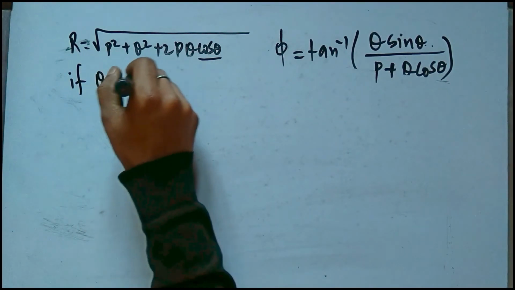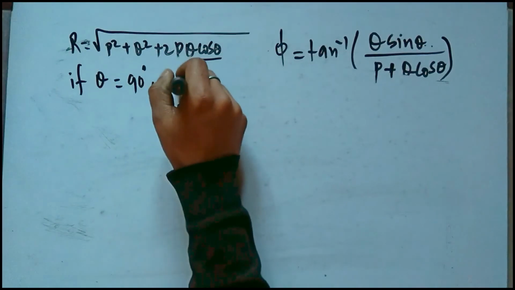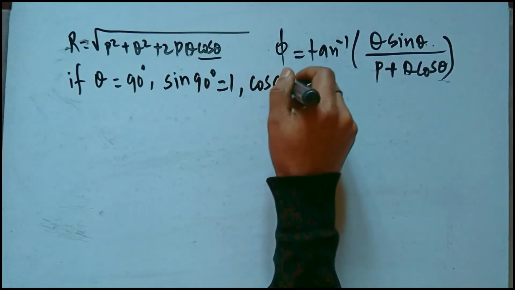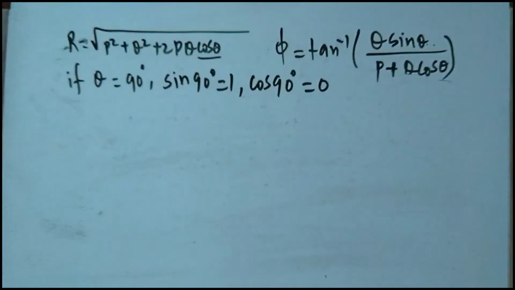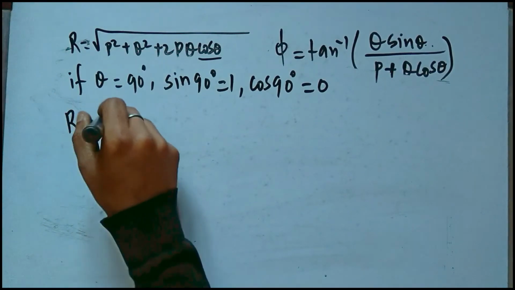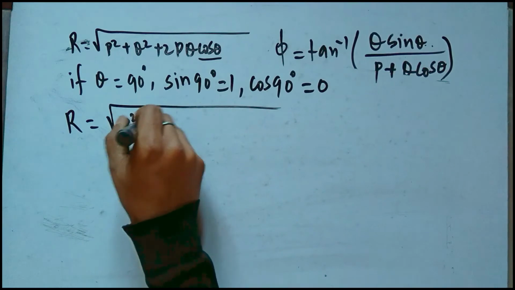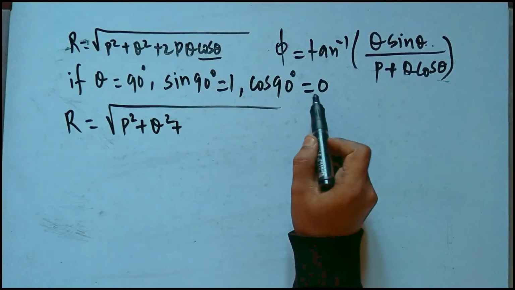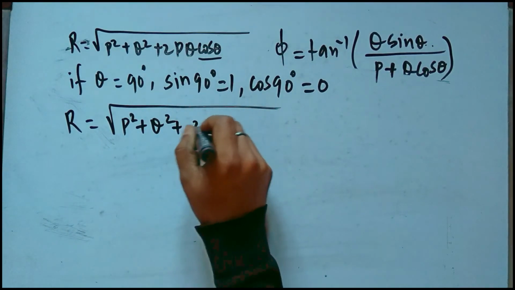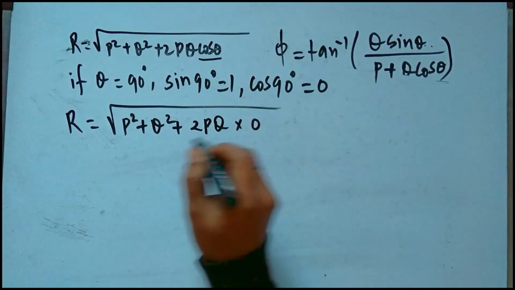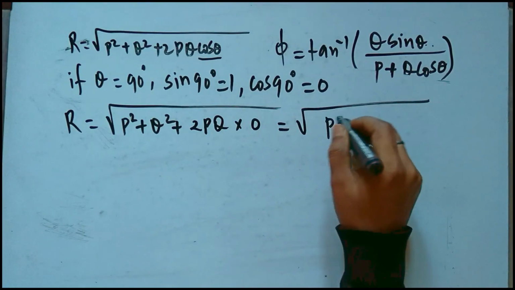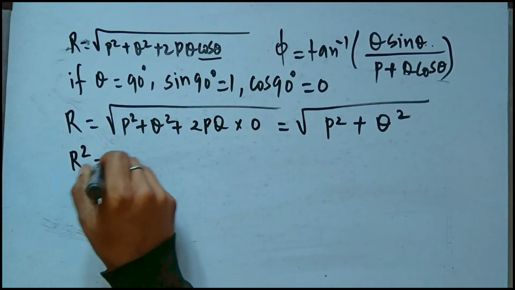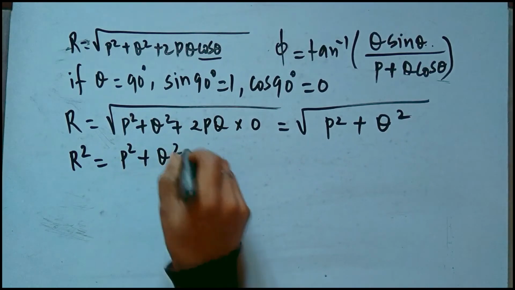If theta is 90 degree, then we know sine 90 is equal to 1 and cos 90 degree is equal to 0. So the resultant will be P square plus Q square plus 2PQ cos 90, and cos 90 is 0. So 2PQ into 0 will be 0, and R square is equal to P square plus Q square.